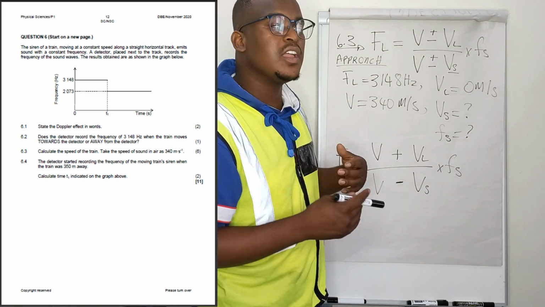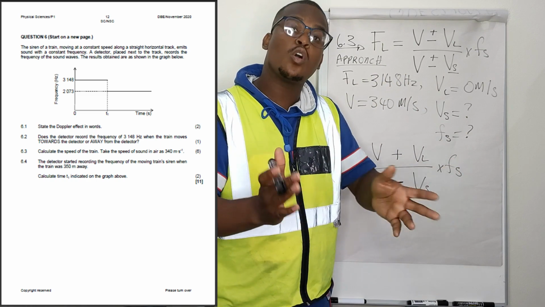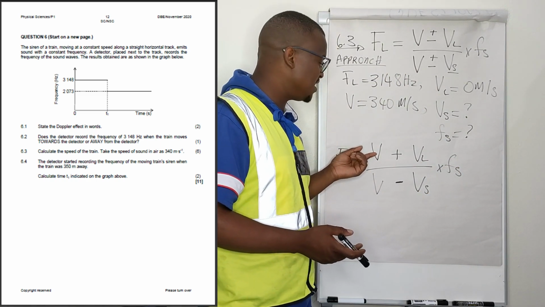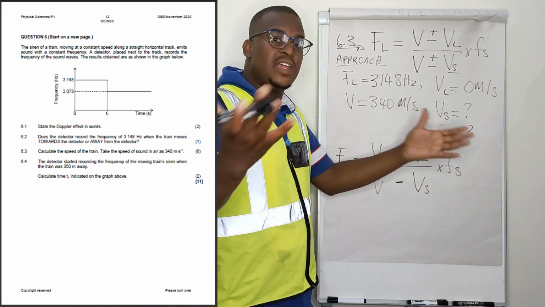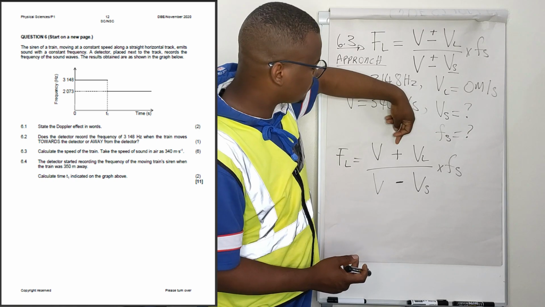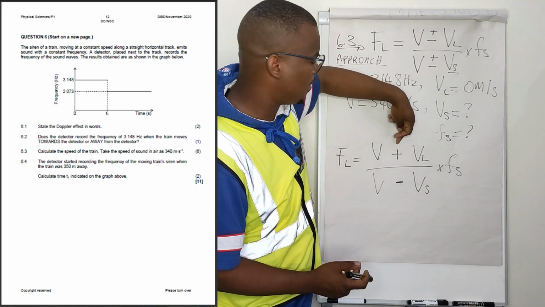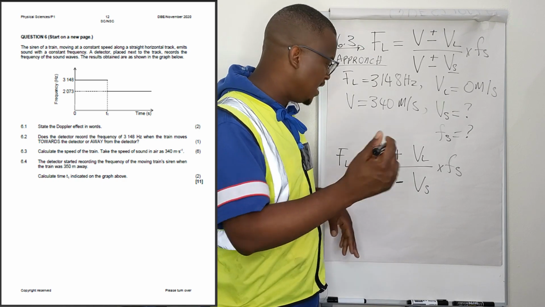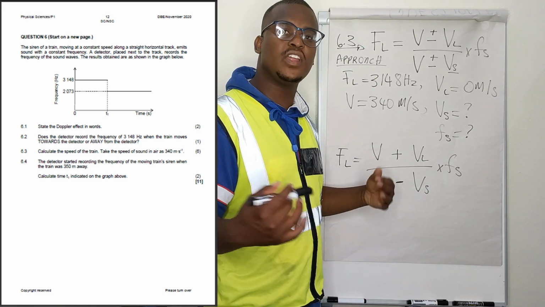So if the source of sound is approaching you, you are going to observe a higher frequency, which means the numerator of this equation should be as big as possible. That's why you're going to have a plus at the top, and at the bottom you're going to have a minus. And then you can substitute your known information.